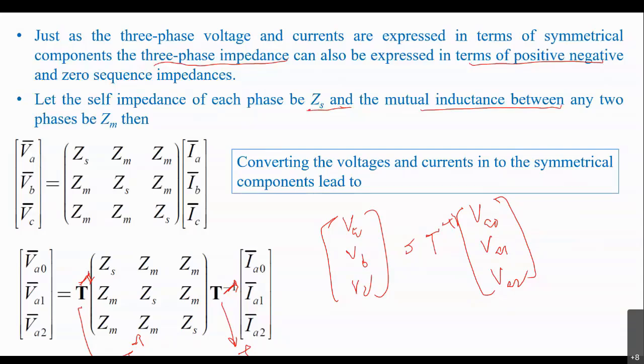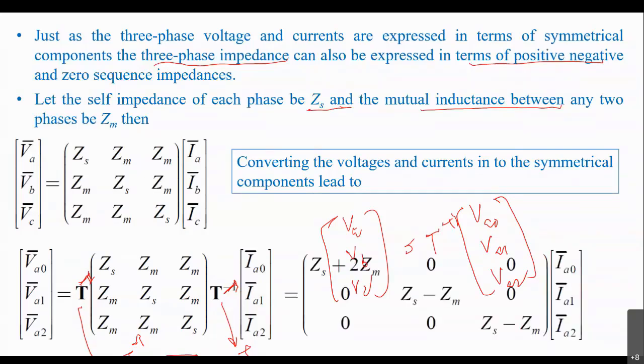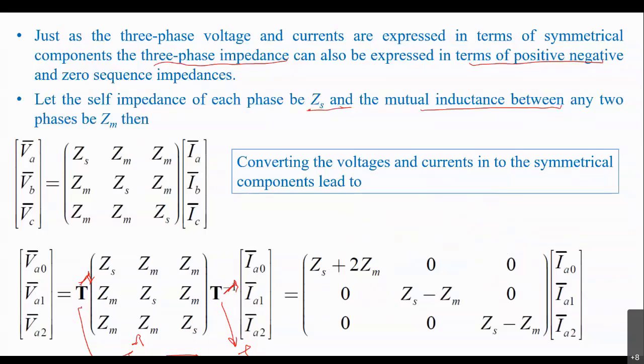If I multiply this T inverse with the impedance matrix and the T matrix, I will get this equation. I'll get the sequence impedance matrix, which gives very segregated equations: Zs plus 2Zm and all the diagonal elements. Is it visible?